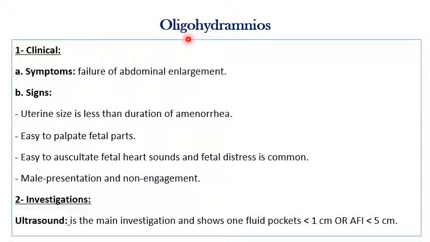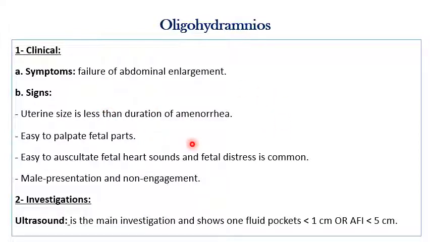How can we diagnose oligohydramnios? Clinically, the mother can give history of the cause like preeclampsia, and she can say failure of abdominal enlargement. It is very suspicious for oligohydramnios. Regarding signs, on general examination, nothing characteristic, but on abdominal examination, yes, fundal level less than the duration of amenorrhea.